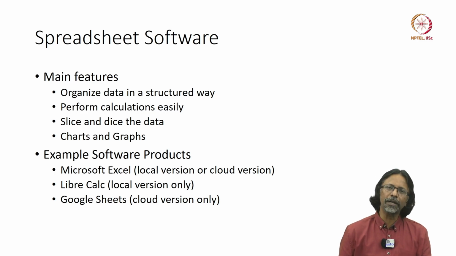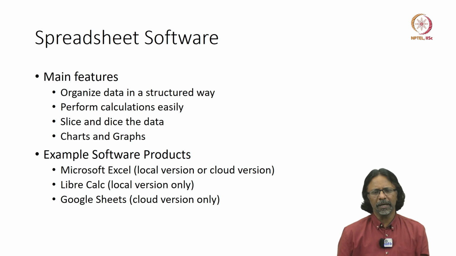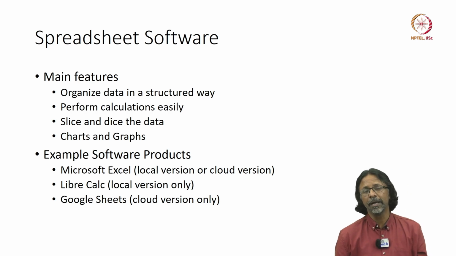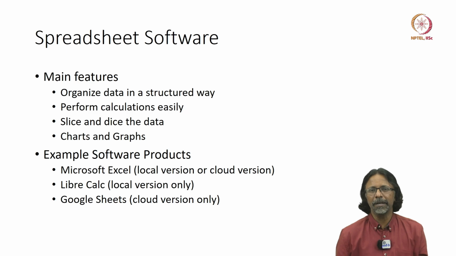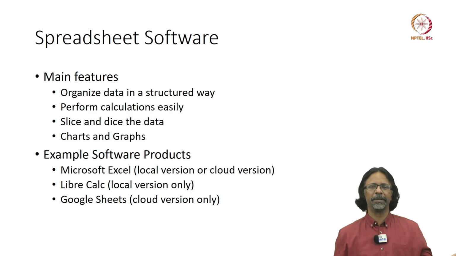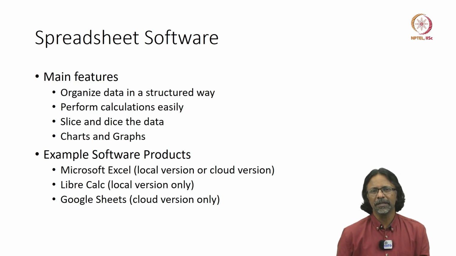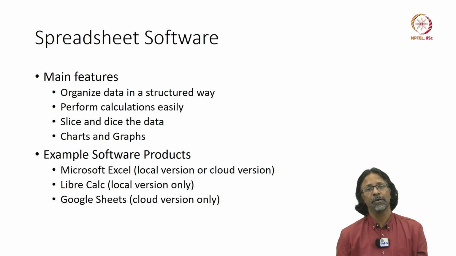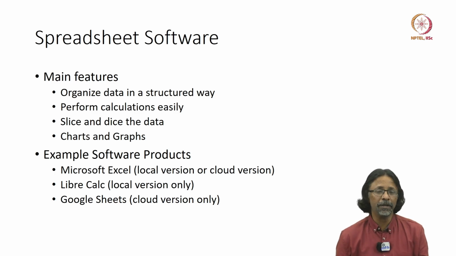Now, which software can you use? The example software products for spreadsheets, there are plenty. But the most popular of that would be Microsoft Excel, isn't it? Because it comes with a separate license, and there are very flexible licensing facilities with respect to the Office suite.